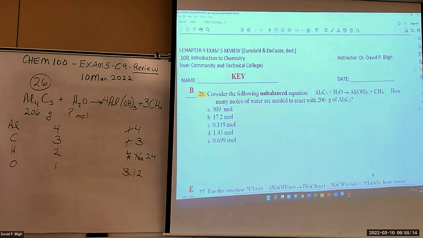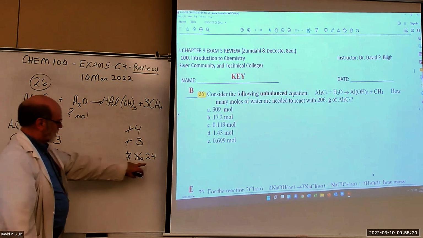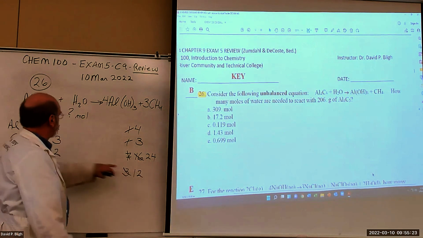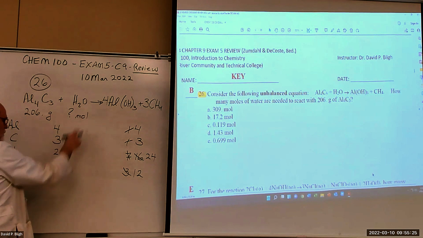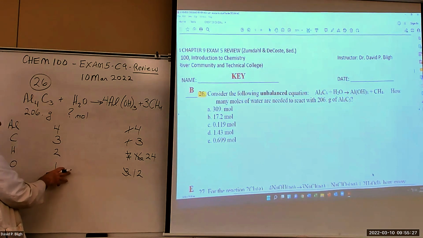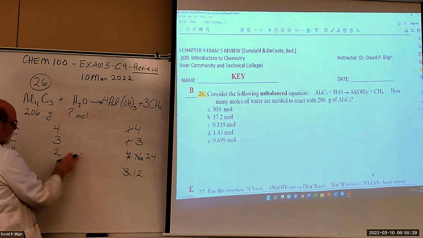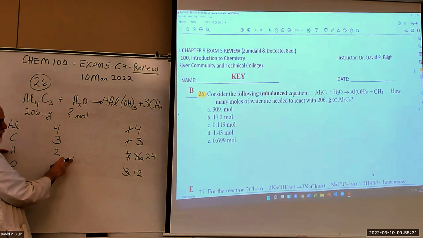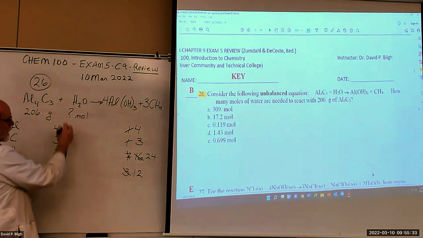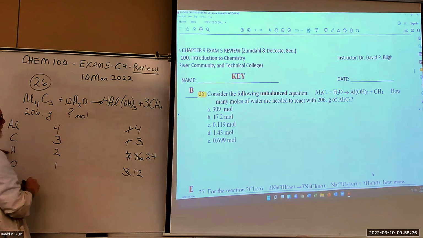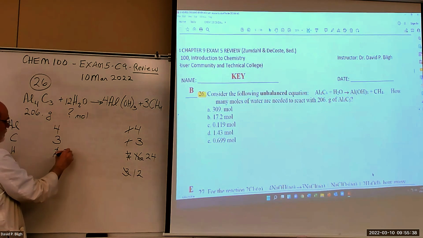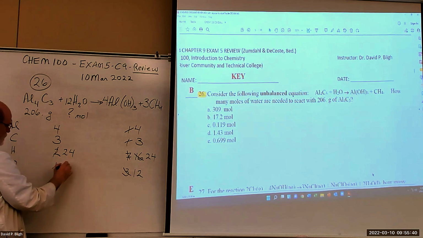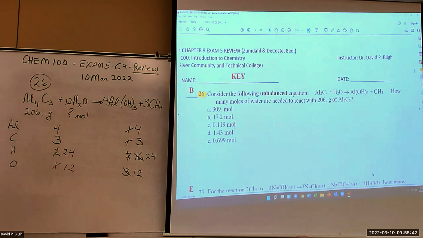Oh, this is beautiful. 24 to 12 is 2 to 1. All we need here is to balance the hydrogens and the oxygens will fall into place. So if we have 12, that makes 24 hydrogens and 12 oxygens. Sometimes they just work out.